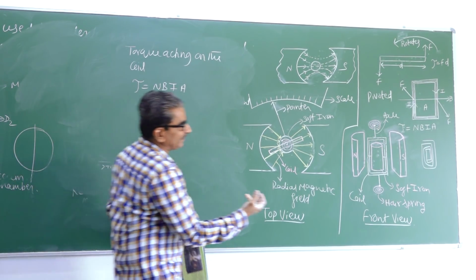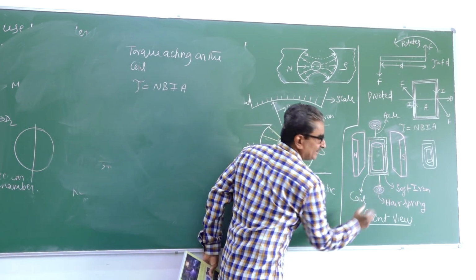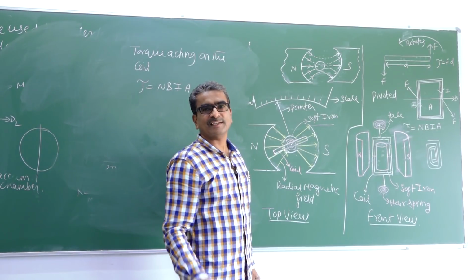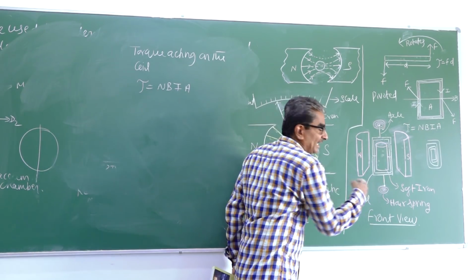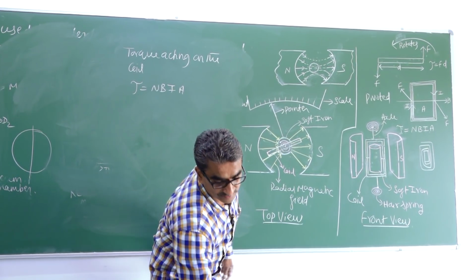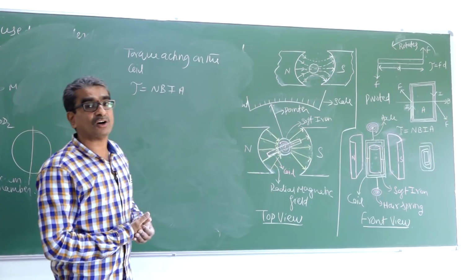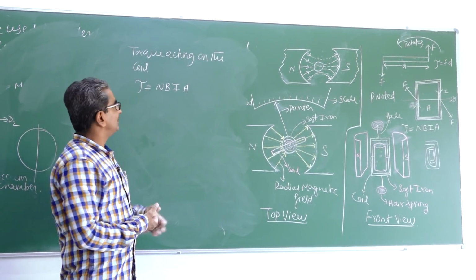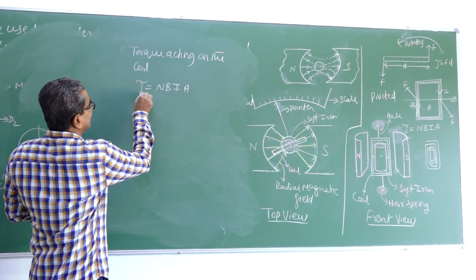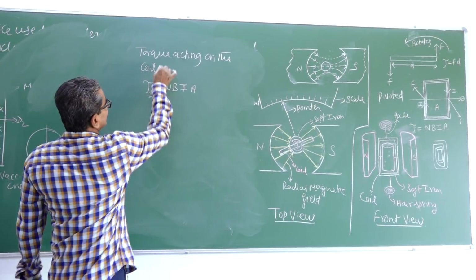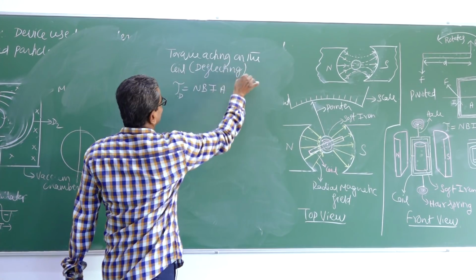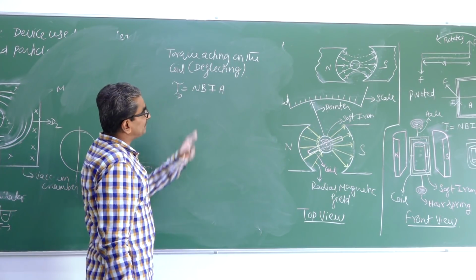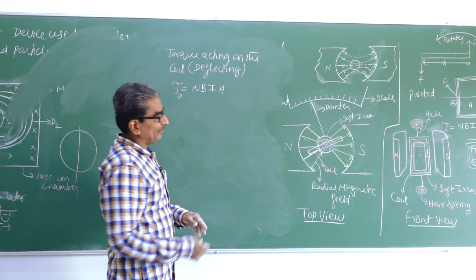Once the spring gets twisted like this, because of its elasticity, an opposite or counter torque is going to act. The torque acting on the coil because of current is nothing but the deflecting torque.